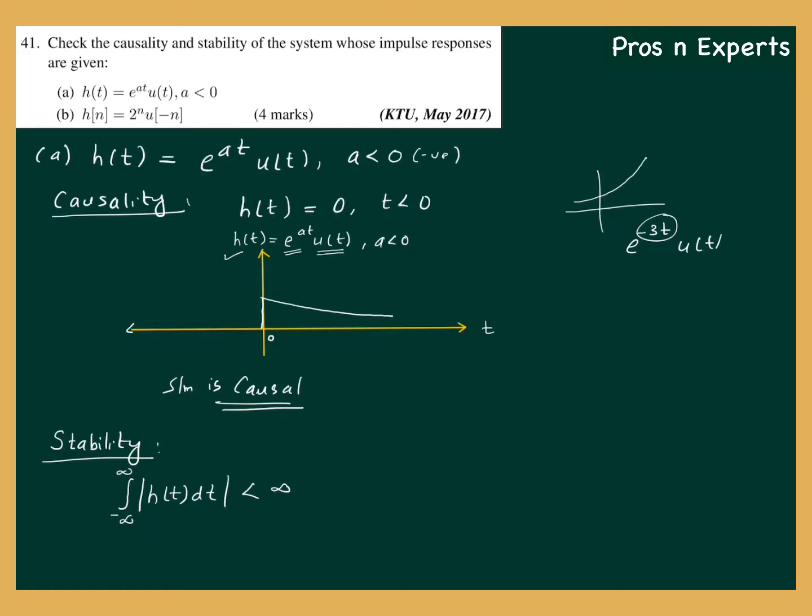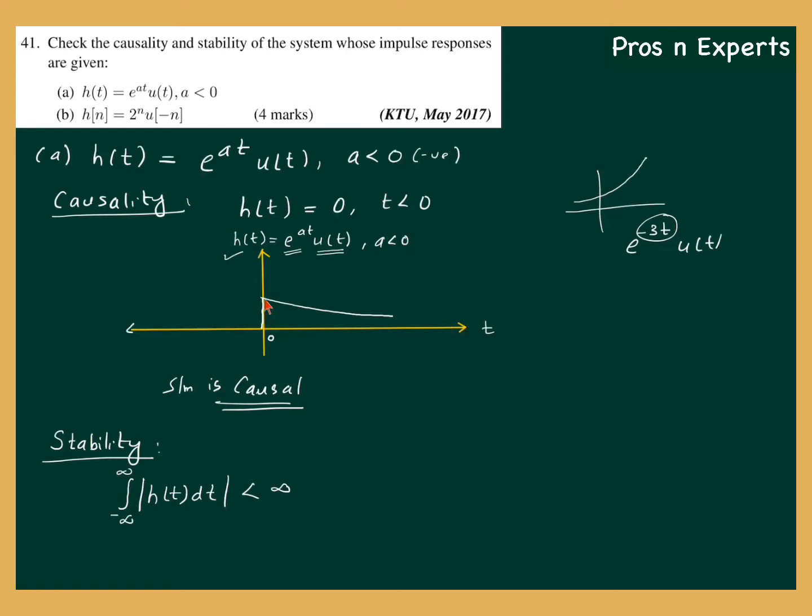So I have told you, just by looking at this impulse response we can judge whether the system is stable or not. So this signal has a decreasing amplitude, right? Exponentially decaying amplitude. So that means at some time t this amplitude approximates 0.